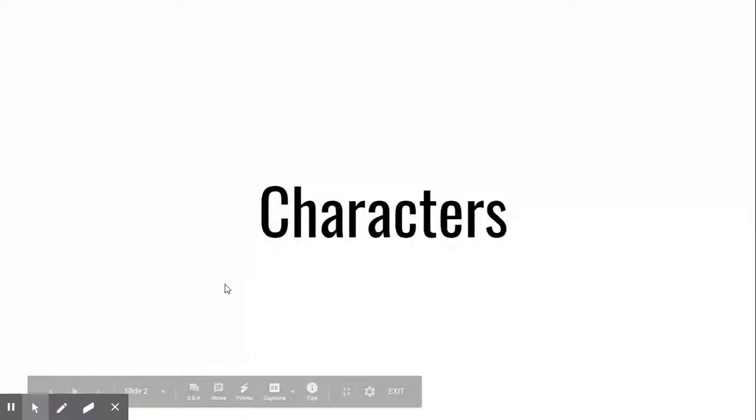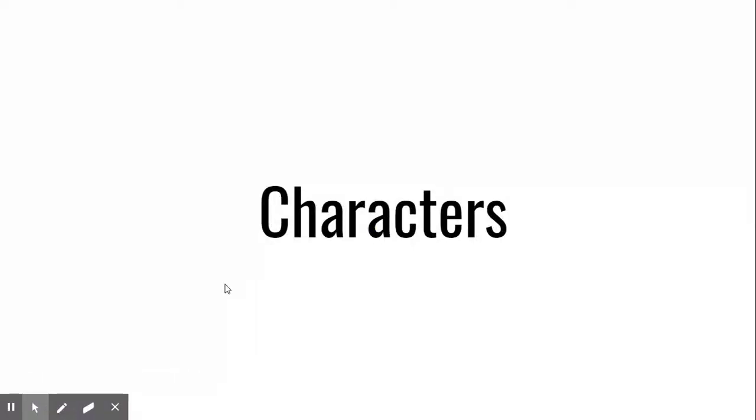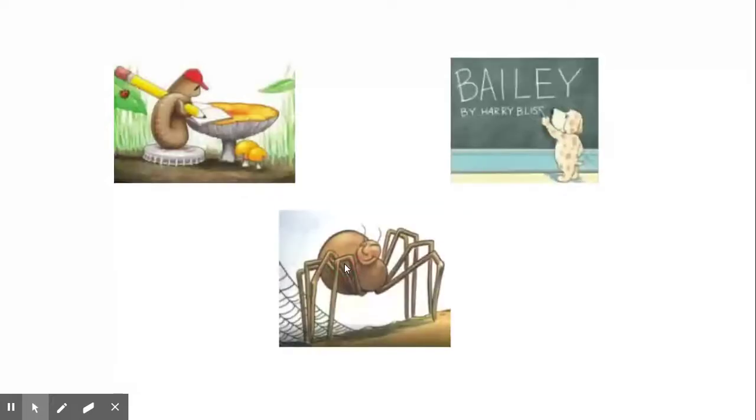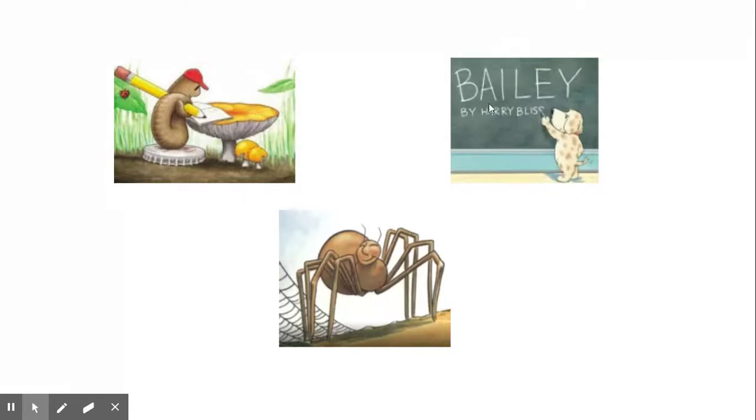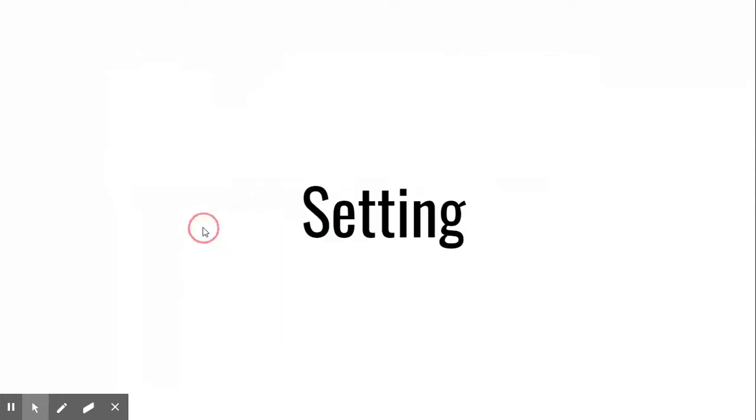As we said, one of the things we're going to be identifying today are the characters. Characters are who or what the story is about, like the worm from Diary of a Worm, or the spider from Diary of a Spider, or Bailey, the dog, from the story called Bailey. Stories also have settings.